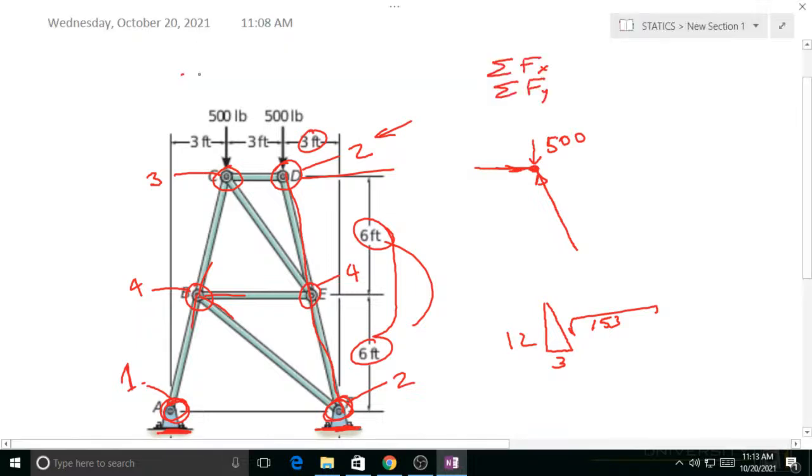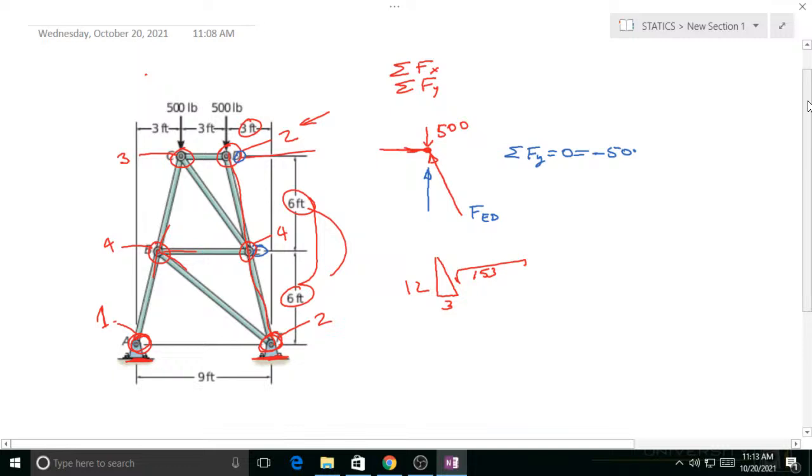And then I can sort of sum the forces in the Y here. The Y component here, this one will be force ED, and it's equal to 0 minus 500, because that's what's being pushed down on that. So it's being pushed downwards at 500 and being pushed upwards, FED, times the ratio of 12 over that.